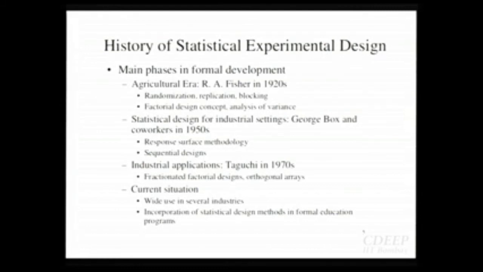In the process industry, chemical industry as well as mechanical industry, car manufacturing, electrical and electronics industry, George Box and co-workers introduced some of these ideas in the 1950s. Taguchi made it popular in the 1970s. Essentially similar ideas but with slight variations.